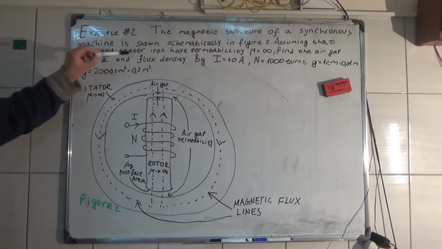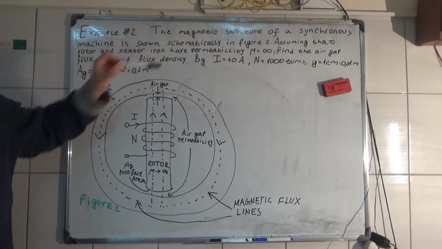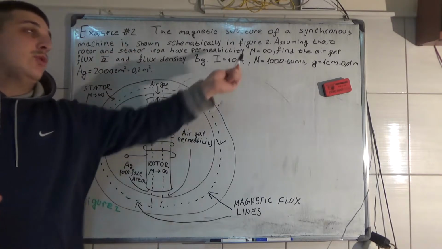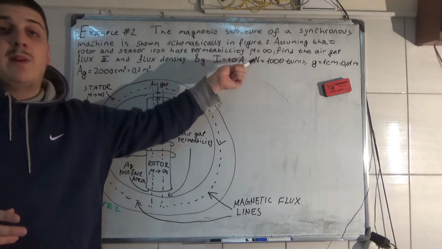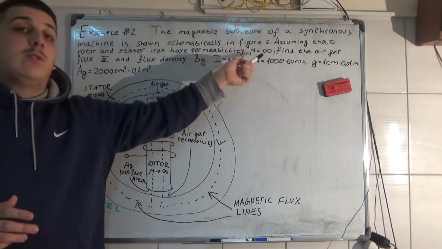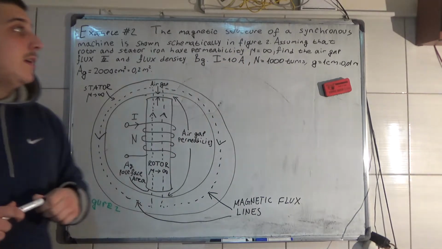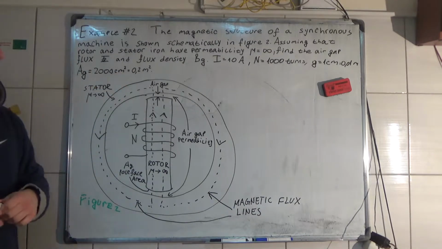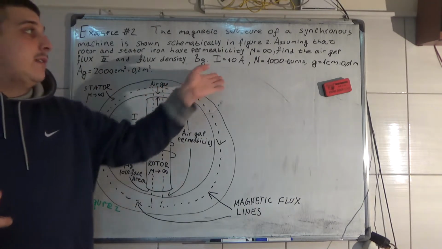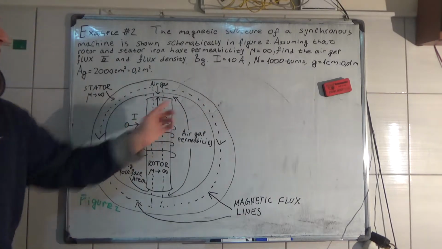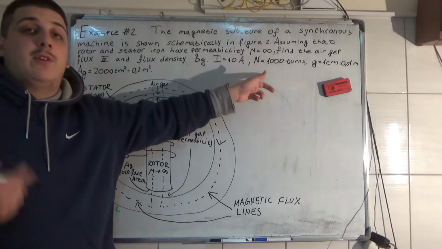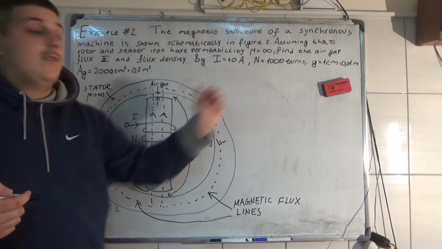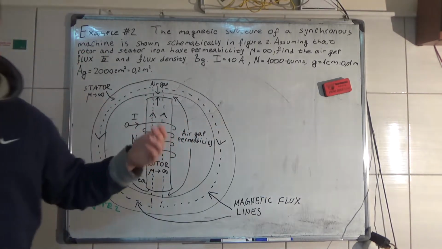Assuming that the rotor and the stator iron have permeability that goes to infinity, so the permeability mu is equal to infinity, find the air gap flux and flux density when we know that the current in the coil is 10 amperes, and the number of turns of the coil is 1000 turns.